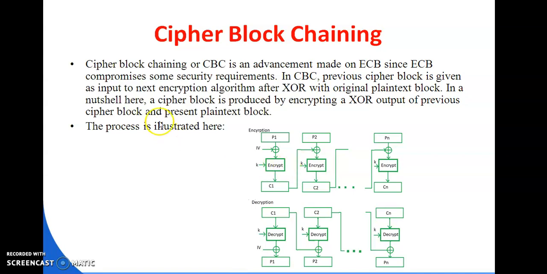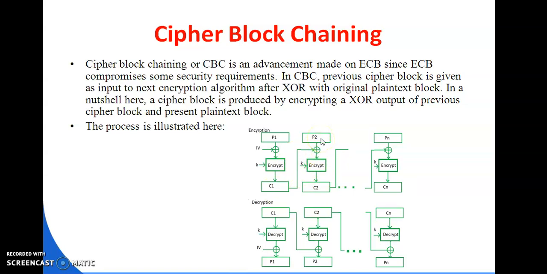So in the CBC process, this is the P1 and this is the IV, the initialization vector, and this initialization vector is a random block of text, right? The initialization vector is given, then the key value is also given. After the encryption, the ciphertext is generated, and this ciphertext acts as an initialization vector for the next block.